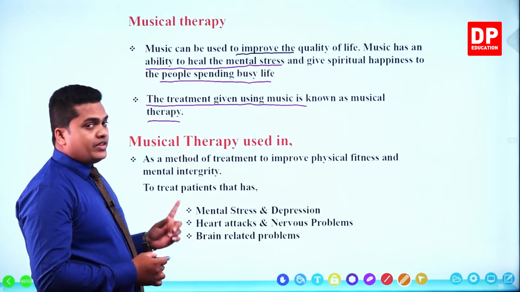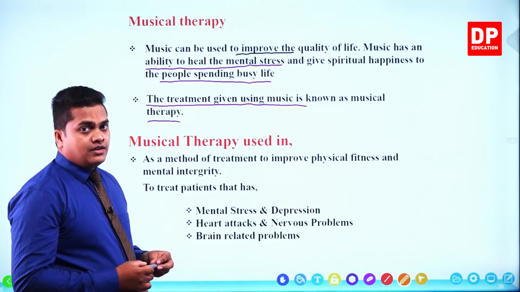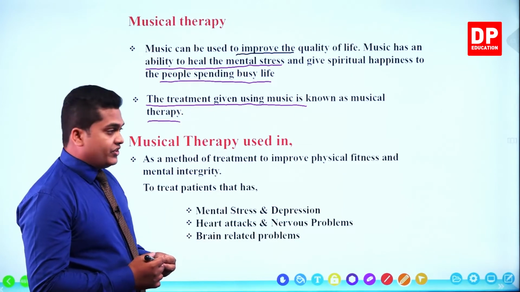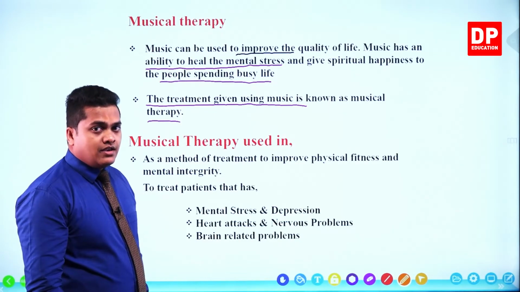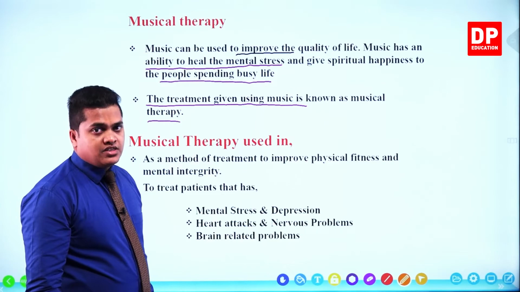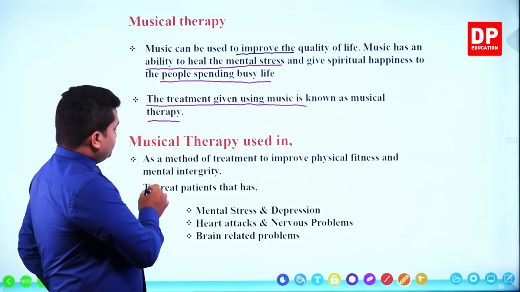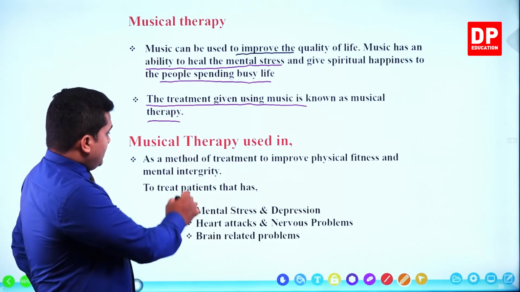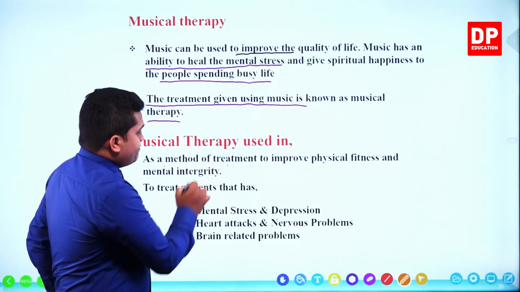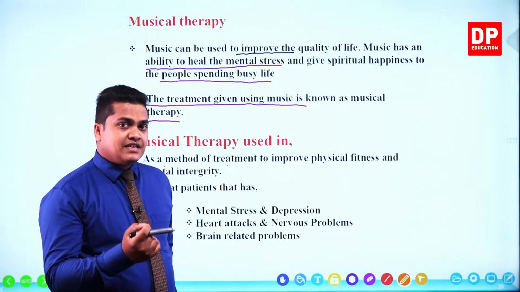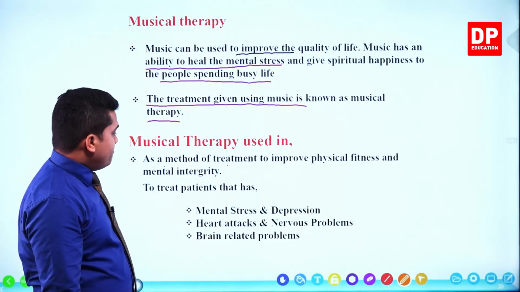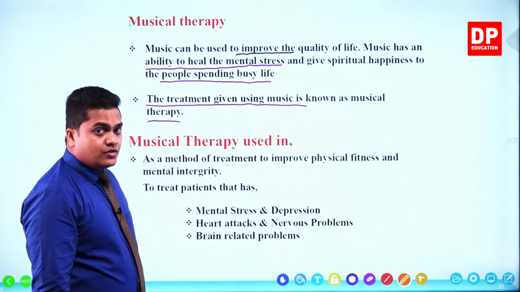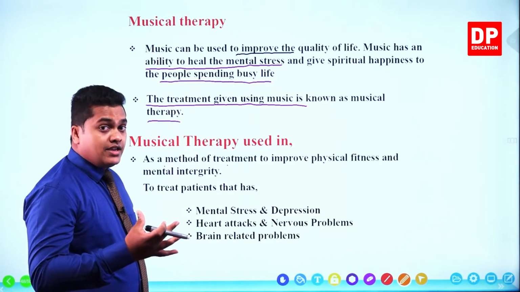So now in this topic, you are given several instances where musical therapy is being used. Here you can observe it as a method of treatment to improve physical fitness and to increase mental integrity.